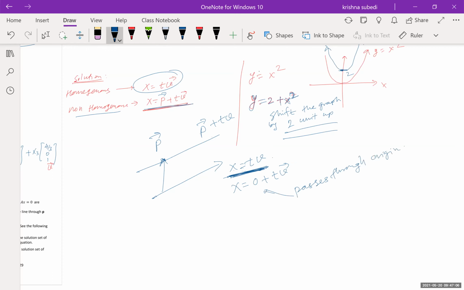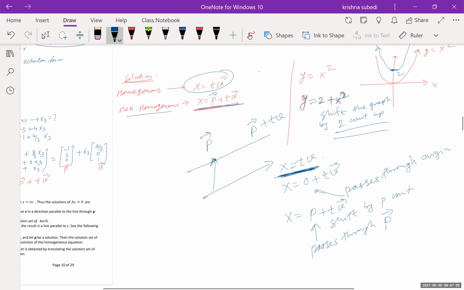Now when you have x equals p plus tV, then it's the same line, but it passes through p. It just shifts by p units. So that's the geometrical meaning.